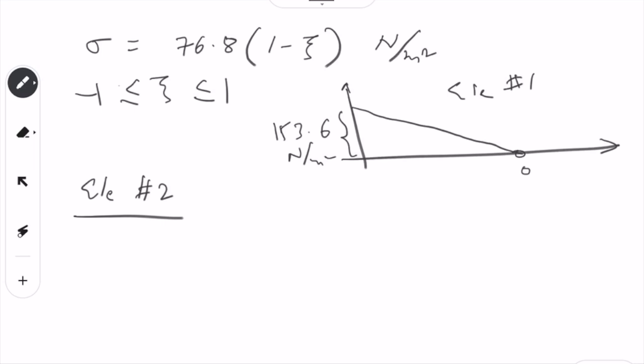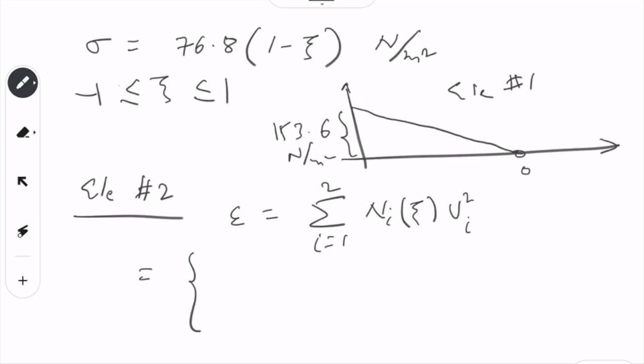We have the strain equal to the sum for i equal to 1 to 2 of dNi over dxi times u2i. So we have two elements, two shape functions, and that varies.